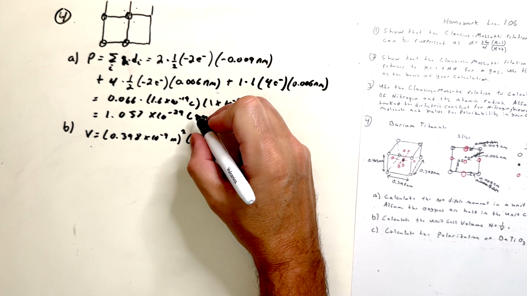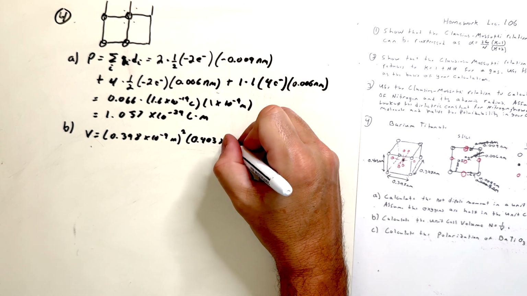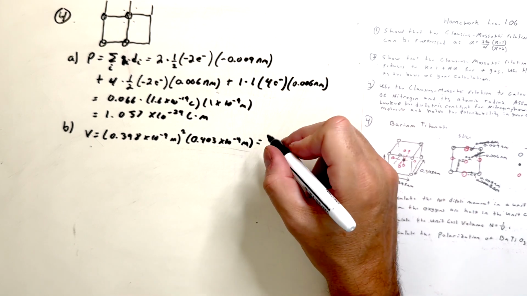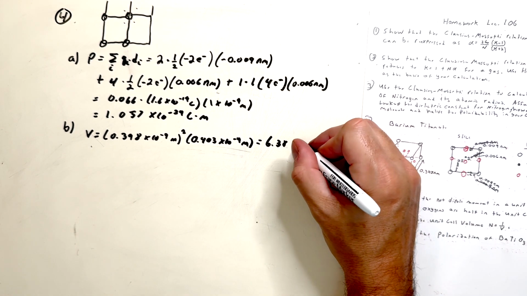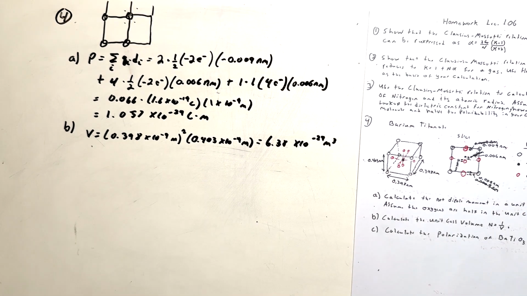And then the height of this cube is 0.403 times 10 to the -9 meters. And we get a volume of 6.38 times 10 to the minus 29 cubic meters.